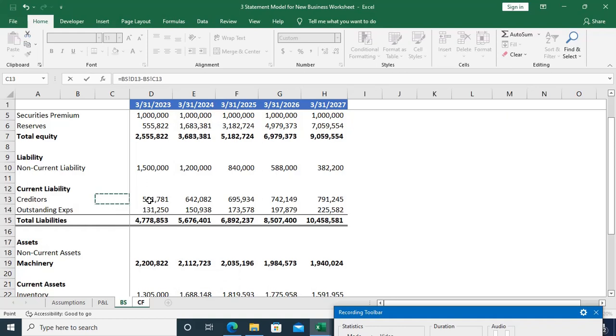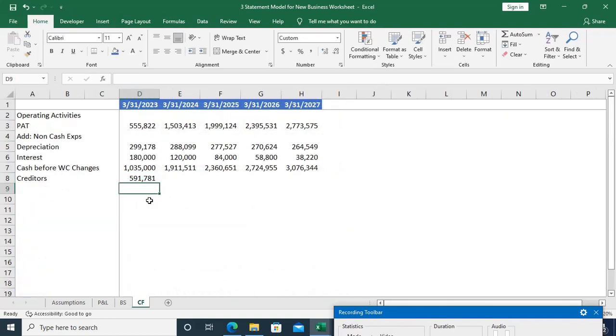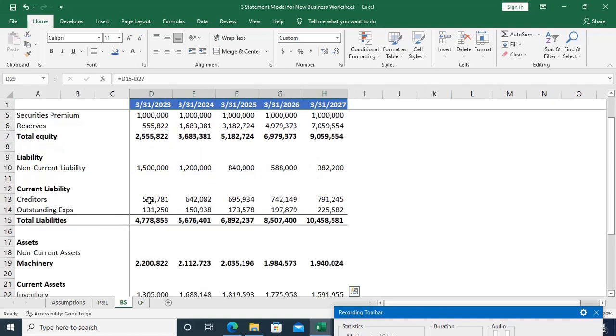Now if the creditors balance goes up, it is good because it shows as cash inflow, right? So I can put it in a positive sign that this is a cash inflow. I can drag this formula till the end. Now after creditors, what else is there? Is the outstanding expenses.